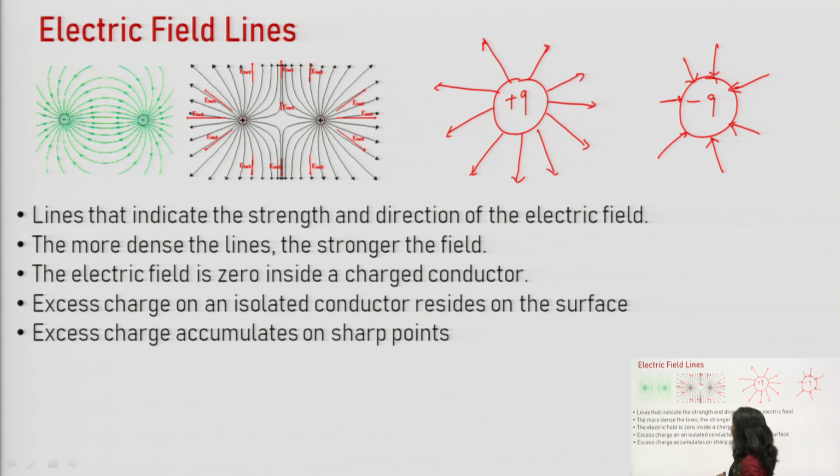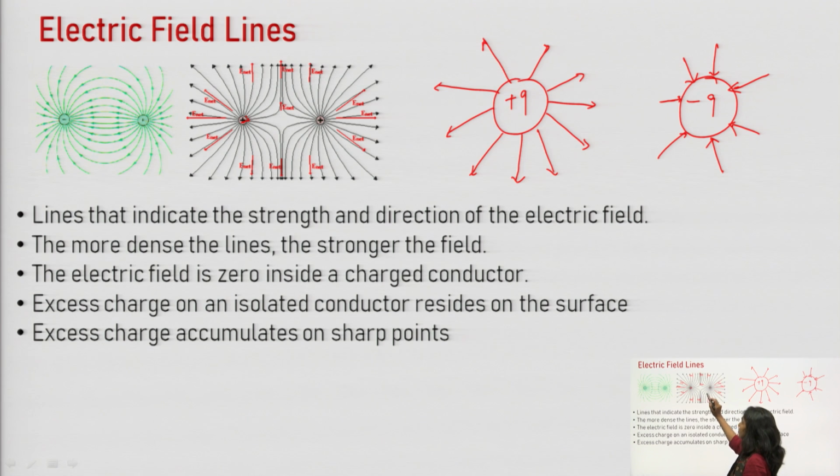However, if both charges are of similar polarity, as for example in this case, here is a positive charge and here is a positive charge also. So the lines of force are originating from this charge but not going into this, because both charges are of the same polarity, so they repel each other.